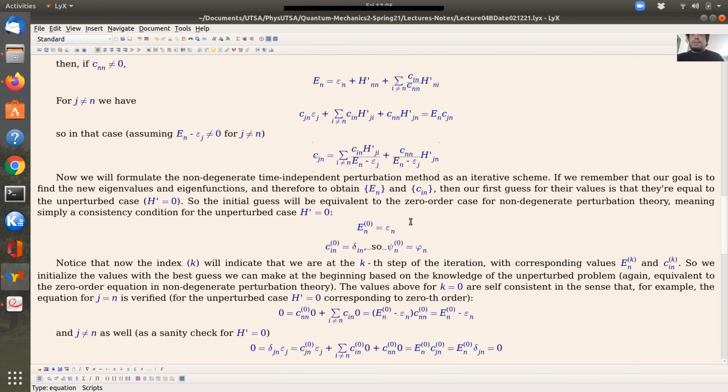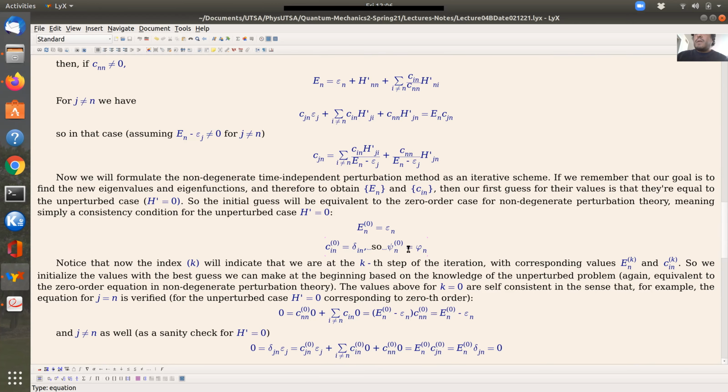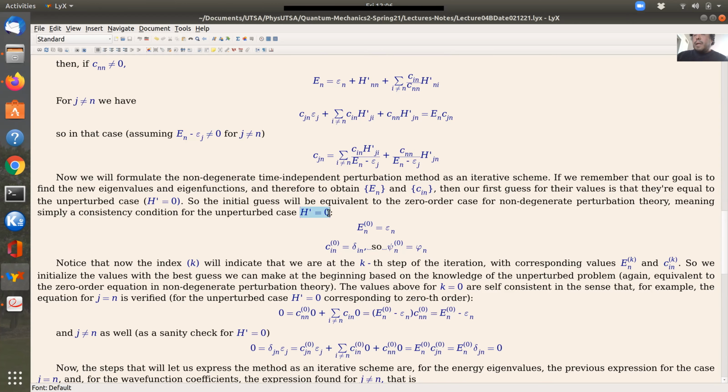So just to be consistent with the unperturbed case, choose the initial guess for the new eigenvalues as the old eigenvalues, and choose the initial guess for the new coefficients as the old coefficients, right? Because at order 0, the new eigenfunctions are going to be equal to the old eigenfunctions in the case you have no perturbation, or in the limit of h prime going to 0.